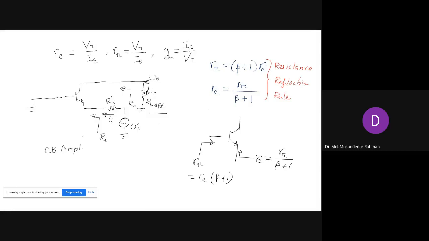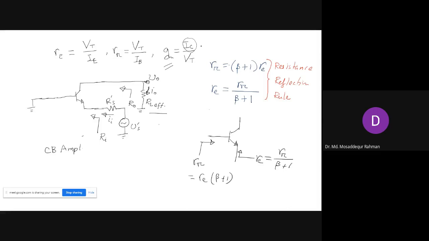And IC also determines the transconductance, and the transconductance will determine the gain of the amplifier. So the higher the transconductance, the higher the gain. To adjust the gain, you have to adjust the IC. If you need high gain, then you take a high value for IC.